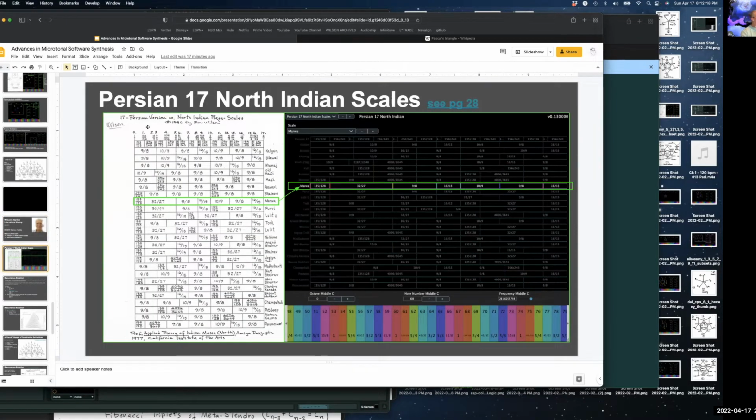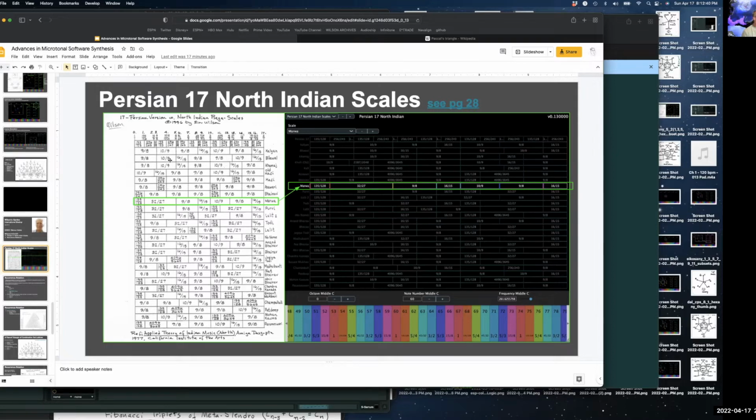So this is a paper Irv made. This is one of the first ones he laid on me. I think he had laid it on you guys before I actually met him. But this was a 17 note scale, and then there's subsets of it that approximate Indian raga scales.